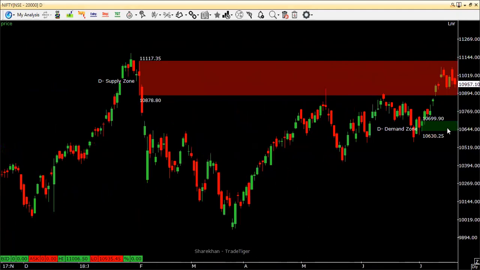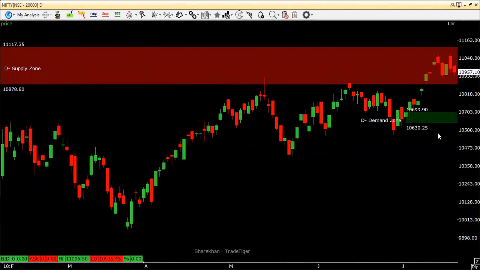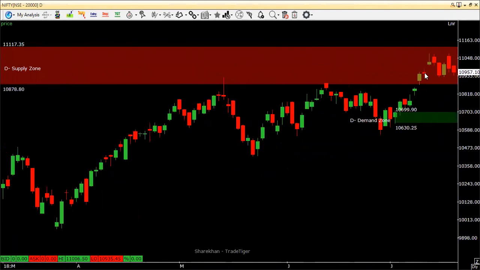So I really don't think we'll even get an opportunity for price to come all the way to our demand zone and we could buy. However, I will still not take these kinds of trades. I will not go long right now in expectation of the supply zone being breached. I would only go long once the supply zone is breached.